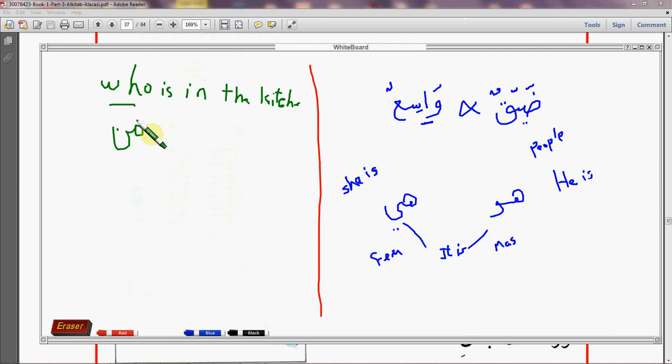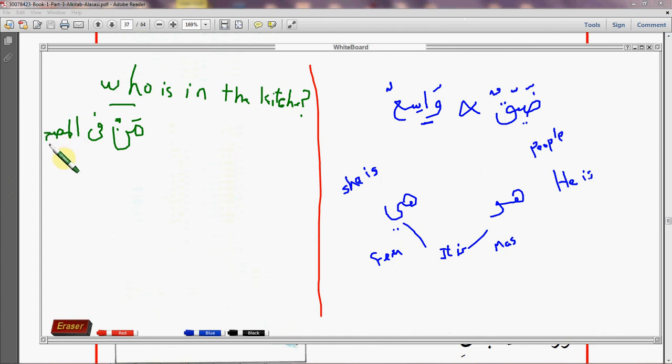Okay. So the translation in Arabic, this is a question, definitely a question. Don't forget the question mark. Man في المطبخ. Okay. So the translation of this question in Arabic is من في المطبخ.